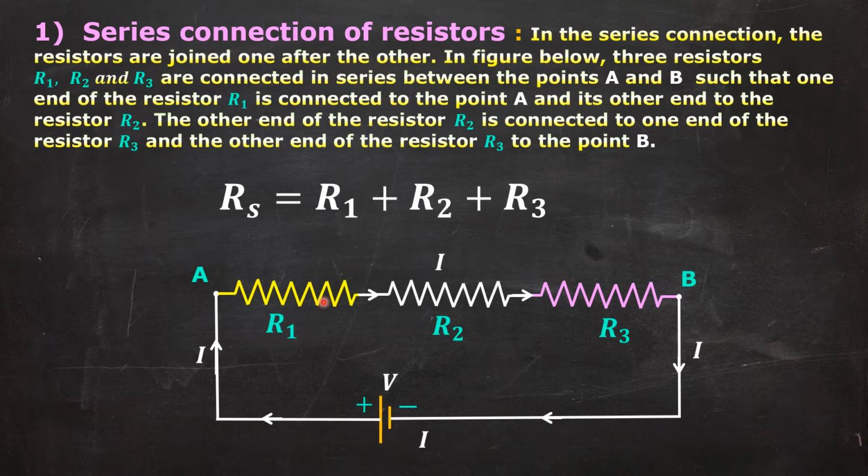When resistors are connected in series, current finds only one path to pass from point A to point B. Isn't it? So the equivalent resistance is equal to the sum of the individual resistances. Like this, we can connect as many resistors as we want. So this is the first formula.